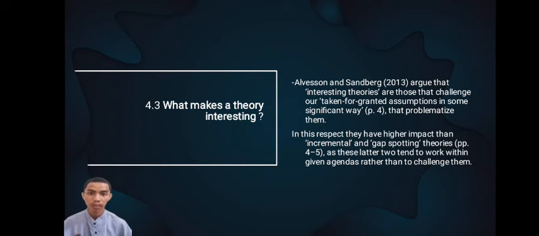2011 argue that interesting theories are those that challenge our taken for granted assumption in some significant way that problematizes them. In this respect, they have bigger impact than incremental and gap-spotting theories, as these latter tend to work within given agendas rather than to challenge them.